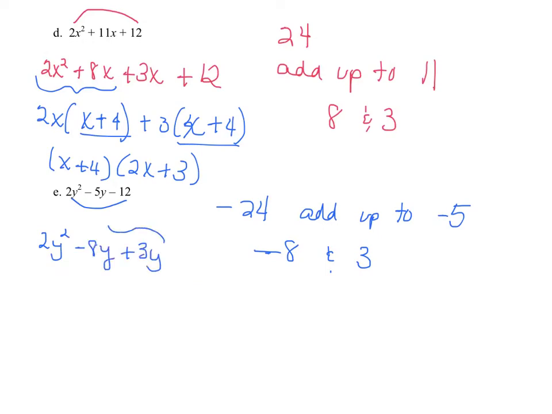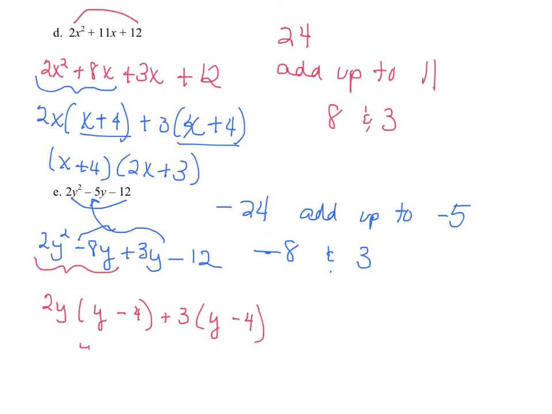Notice how these guys become that when you combine like terms. But don't go and combine like terms because you'll just undo what you just did. Now factoring by grouping. 2y, I'm left with y, take away 4. Pulling out a 3, I'm left with y, take away 4. Look at us, we're just rocking and rolling. Y minus 4, he's gone, 2y plus 3.